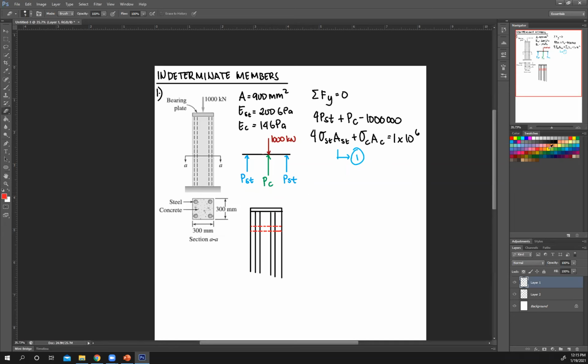So now your bars, let's give them some color. And then let's go.